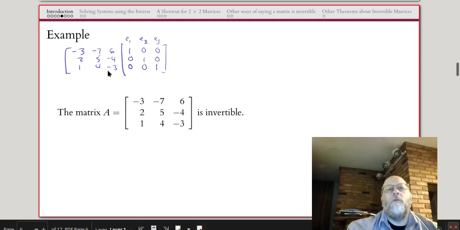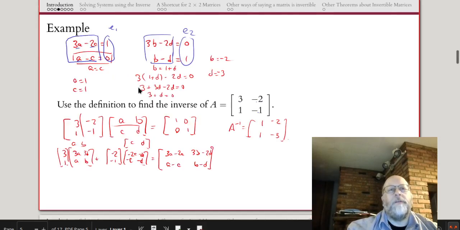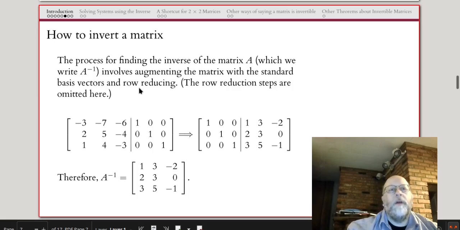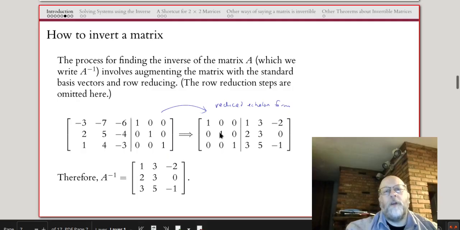But when we row reduce this matrix, let's go to the next slide. There we go. I'm not going to take the time to show you the row reduction. Once we put this into reduced echelon form, all of these pivots move to the left side of the bar. And then what we get on the right side is exactly the inverse, A inverse.